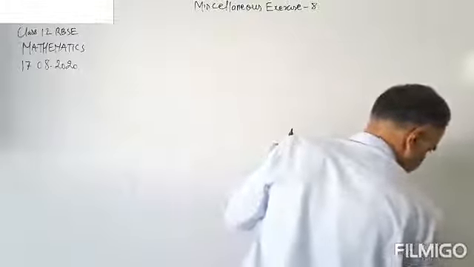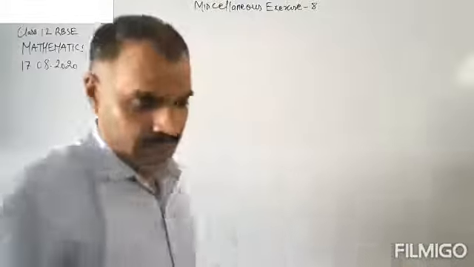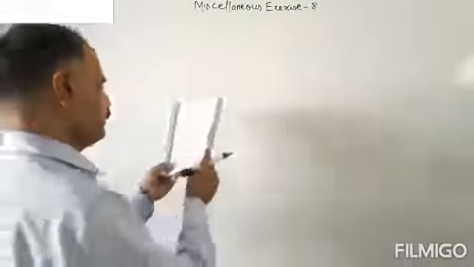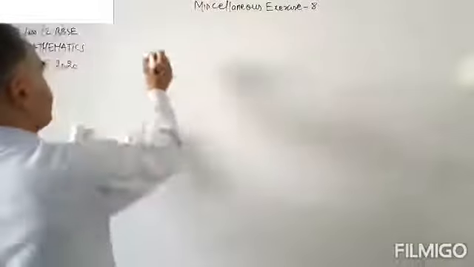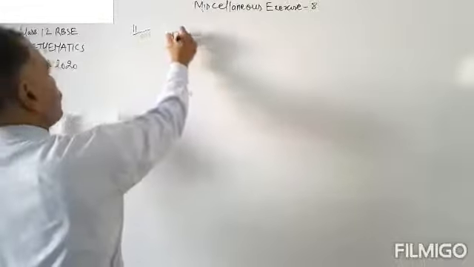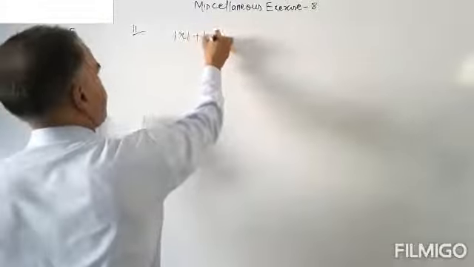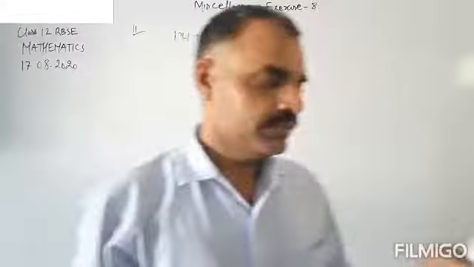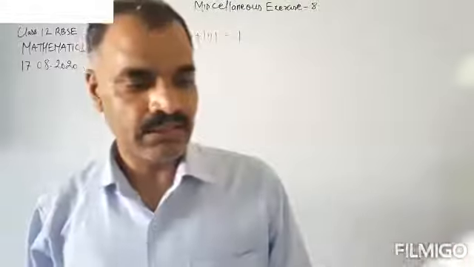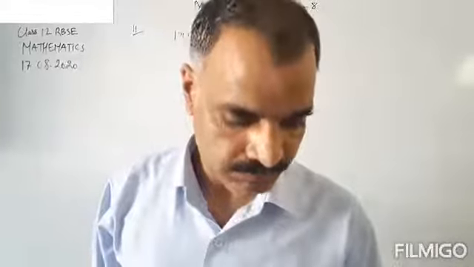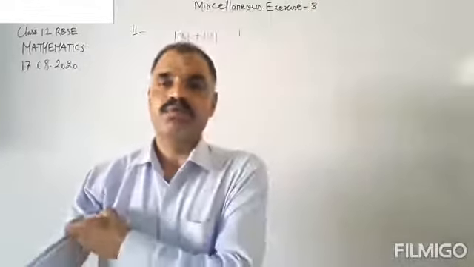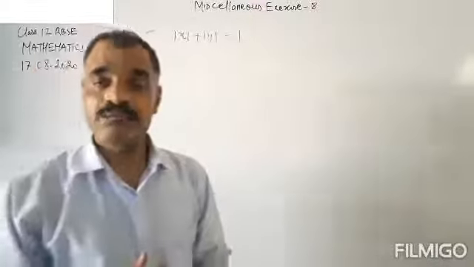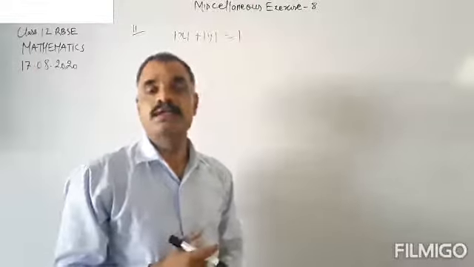Using the method of integration, find the area bounded by the curve modulus x plus modulus y is equal to 1. This is the curve, and we have to find the area of the region bounded by this curve.